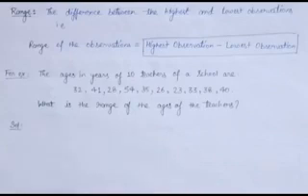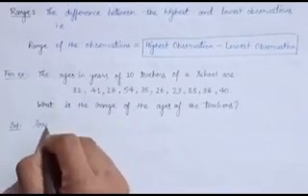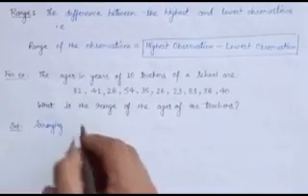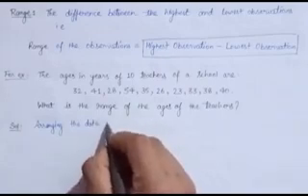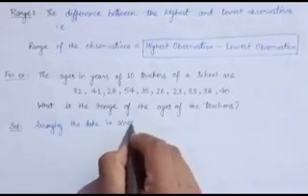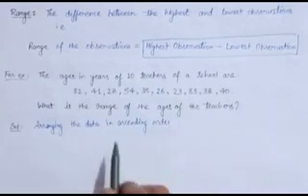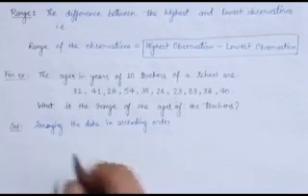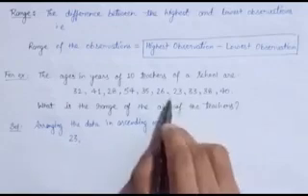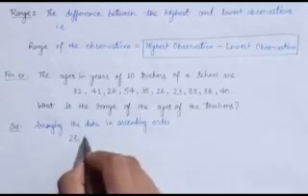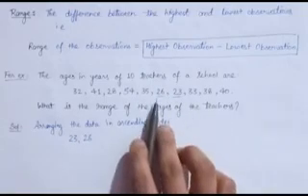So first, we will arrange the given data in ascending order. Here you can see the smallest value is 23. So let us write 23. After that it comes 26. So 23 is done, 26 is done, and after that it comes 28.